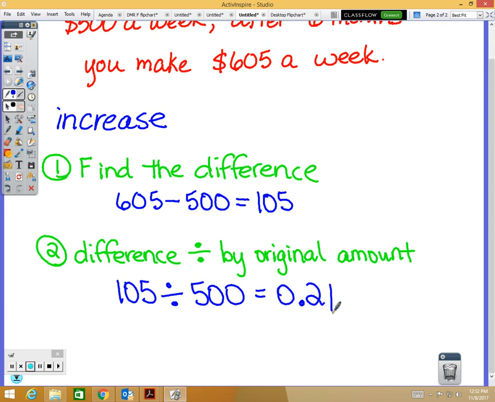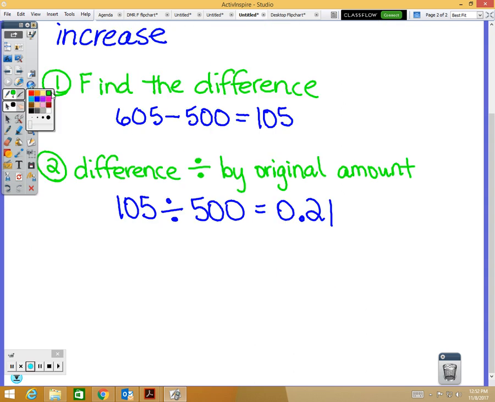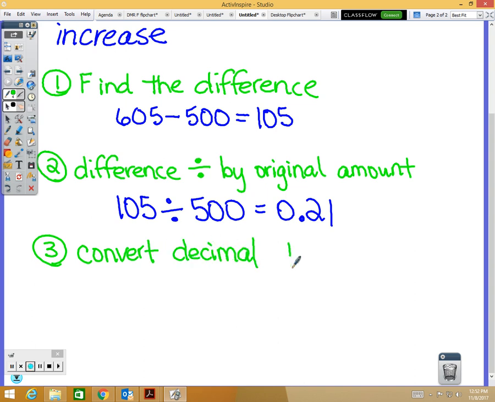And again, we want a percent. We want a percent of increase. So that gives us the decimal form. So the last thing that we want to do is turn this decimal into a percent. So I'm going to say convert decimal to percent. How do you change a decimal to percent?